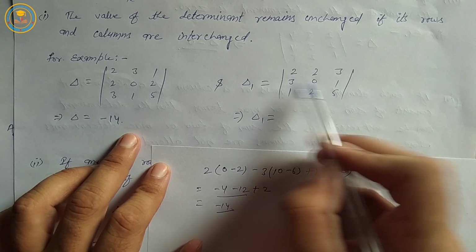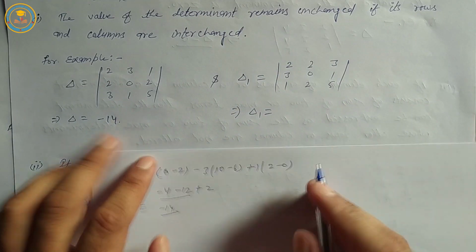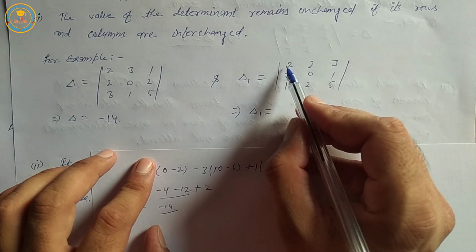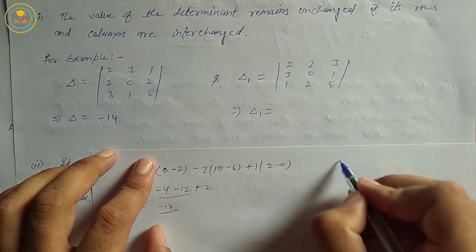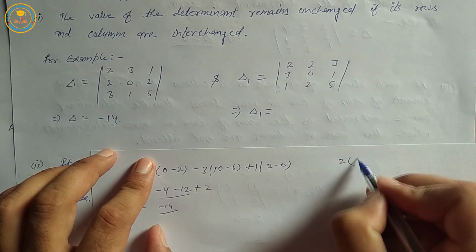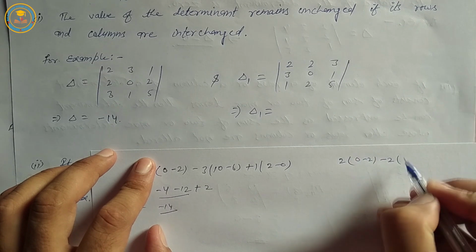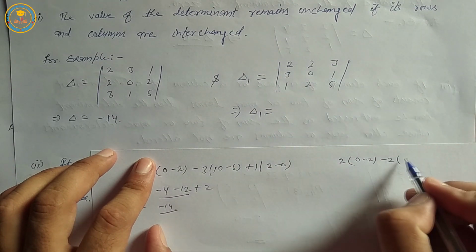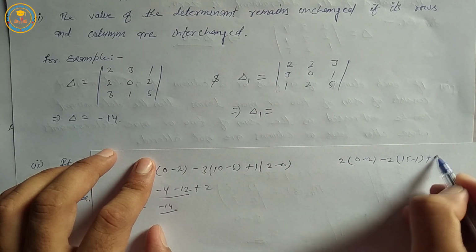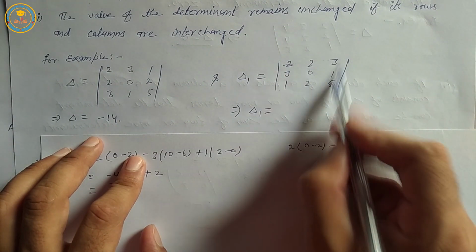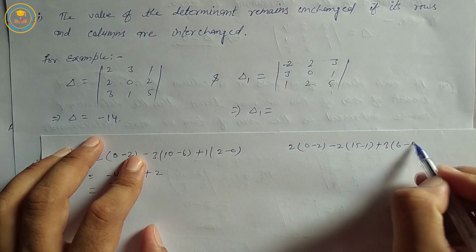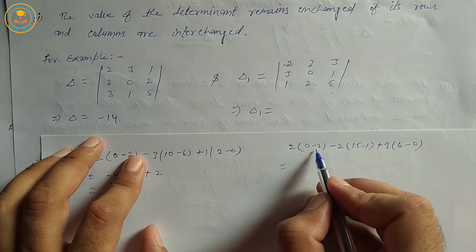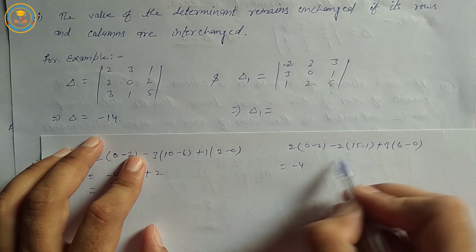Okay, value of delta 1 is equal to, on expanding along R1, 2 into (0 minus 2) minus 2 into (15 minus 1) plus 3 into (6 minus 0), which is minus 4.